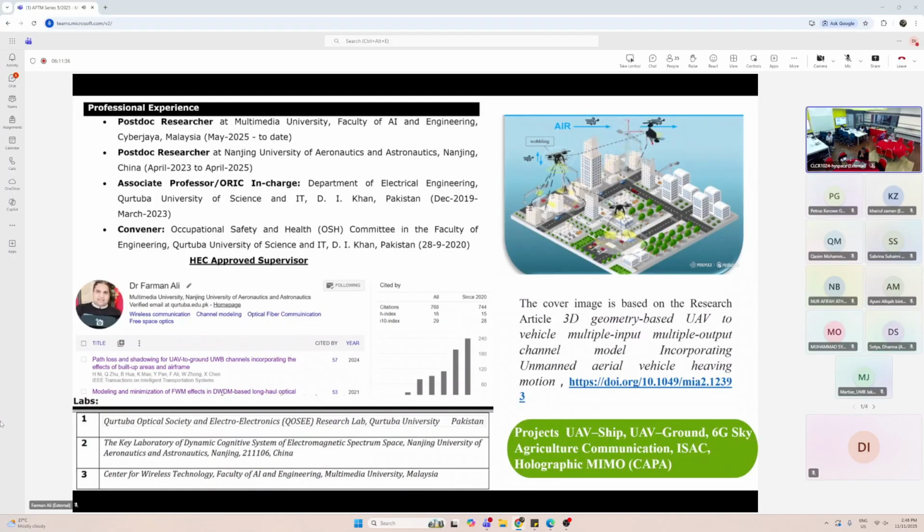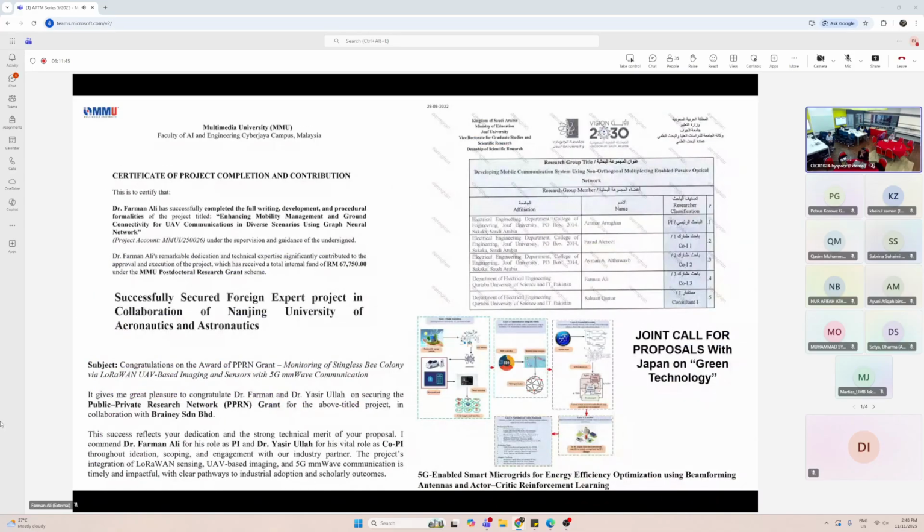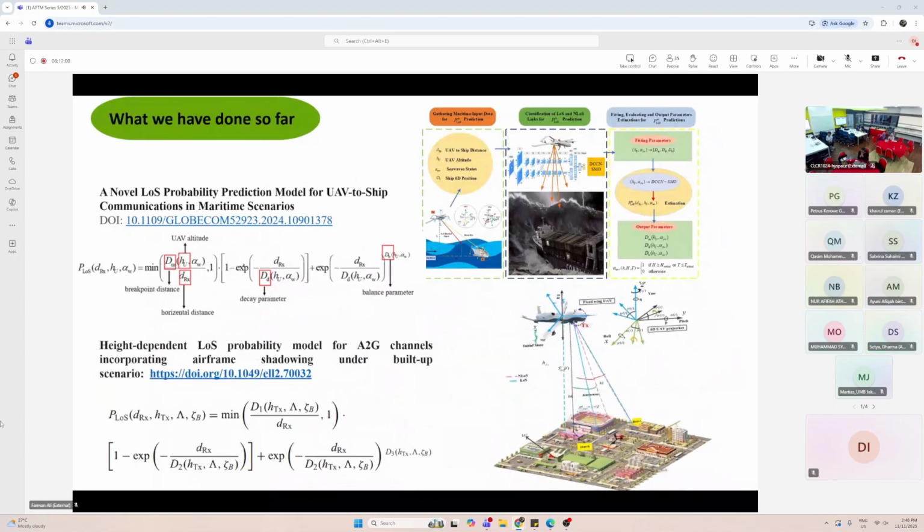And this is the list of projects on which we are currently working, with the Saudi projects, with Nanjing University of Aeronautics and Multimedia University, and Cordoba University, Pakistan.